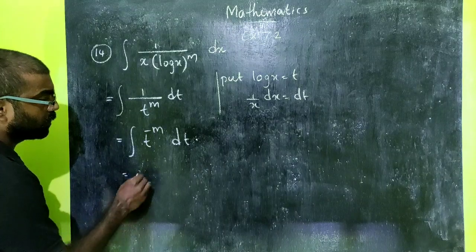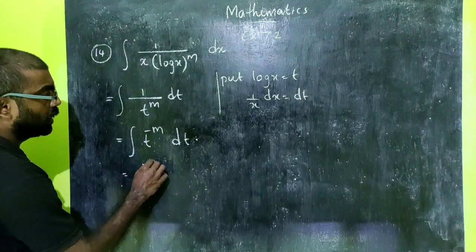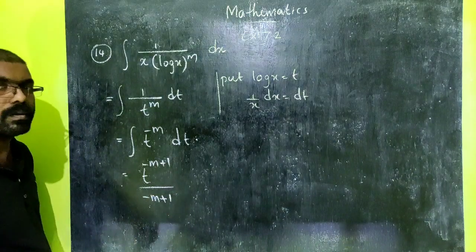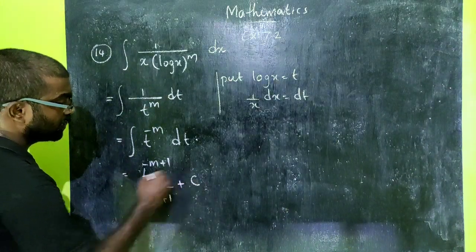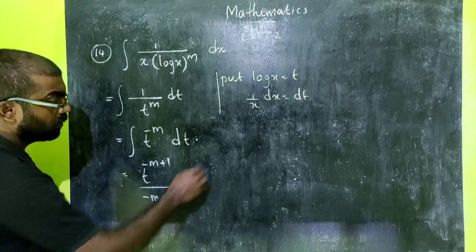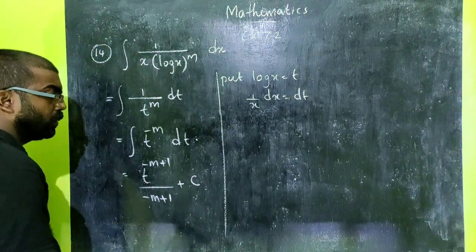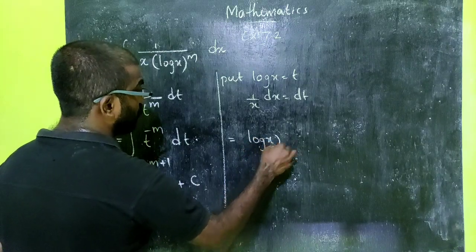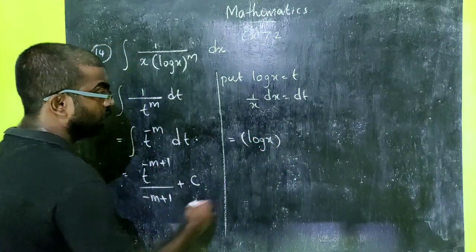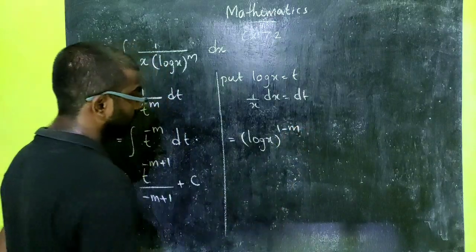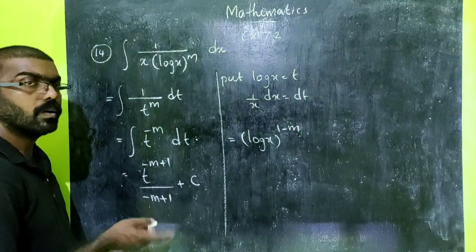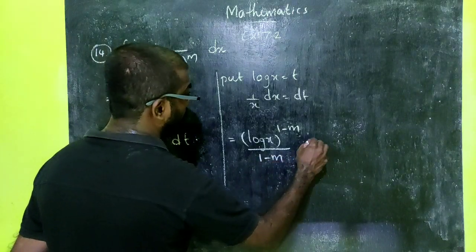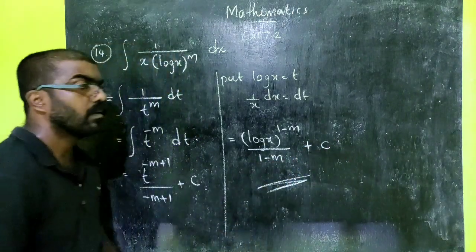And we can apply the formula t raised to minus m plus 1 divided by minus m plus 1. Then plus integrating constant c. Here we can replace the value of t, which is equal to log x the whole raised to minus m plus 1. That can be written as 1 minus m. Both are correct. Minus m plus 1 or 1 minus m. Divided by 1 minus m then plus c. Okay.